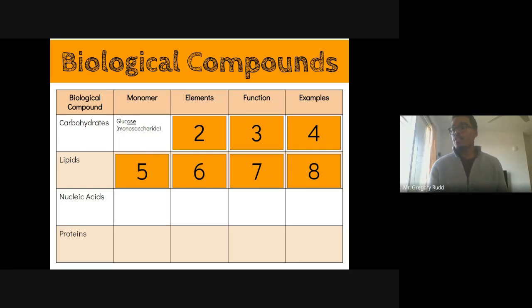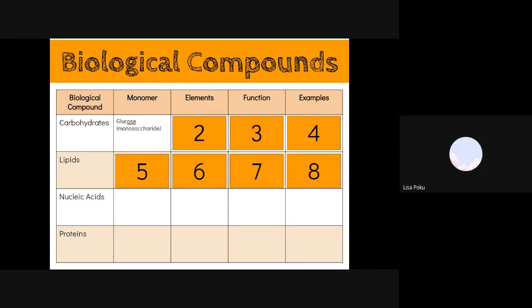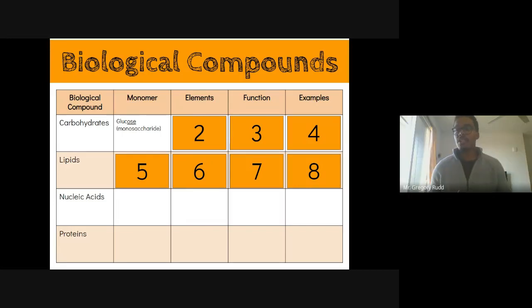Okay, box number 2. What are the elements that make up a carbohydrate? Carbon, hydrogen, and oxygen. Good, carbon, hydrogen, and oxygen.